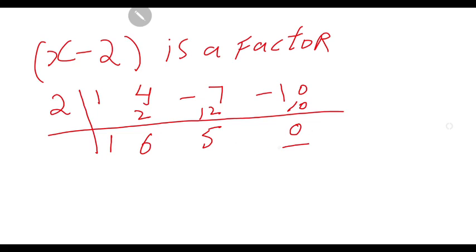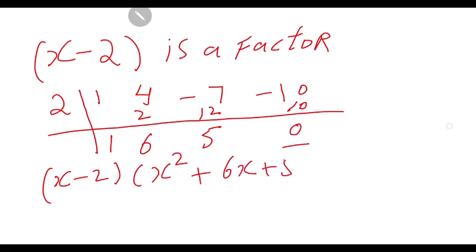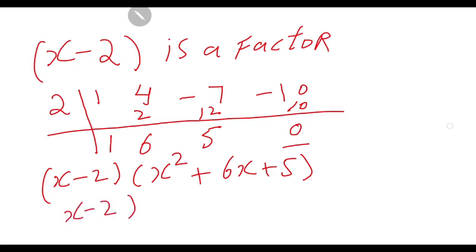Now the long bracket is ax^2 + bx + c. So I've got the short bracket x - 2, and the long bracket is now x^2 + 6x + 5. I need to factorize this long bracket. If you can't factorize, use the quadratic formula, but I can factorize here.